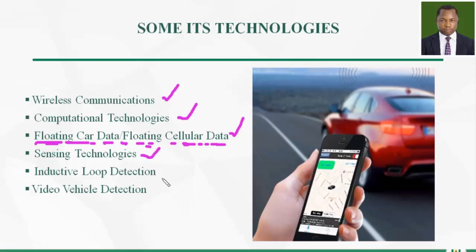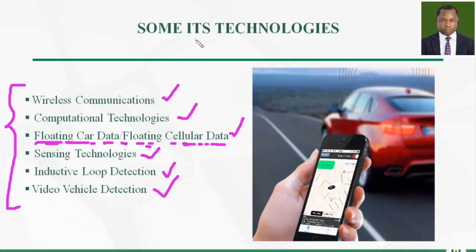Sensing devices. A lot of vehicles use these sensors right now to detect even tire pressures. There are sensors all over the tires to detect the tire pressure. Inductive load detection, video vehicle detection, all of these are categories of information of ITS.